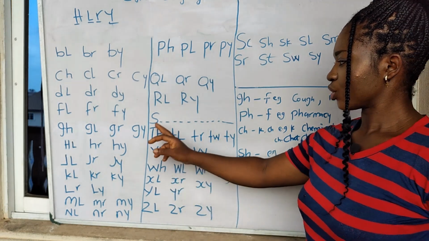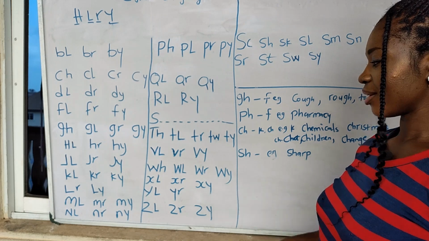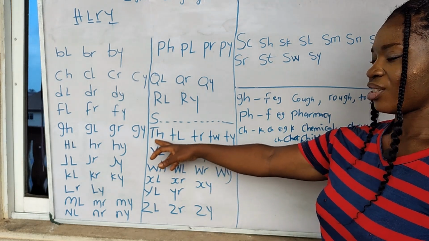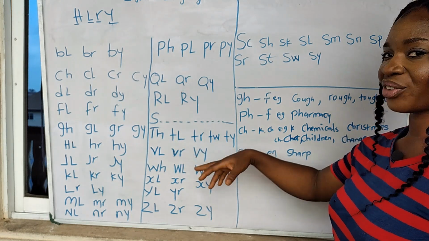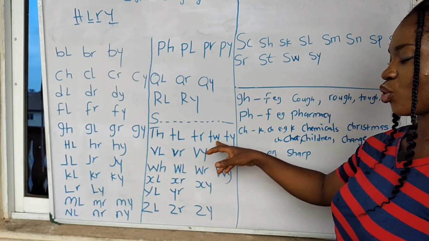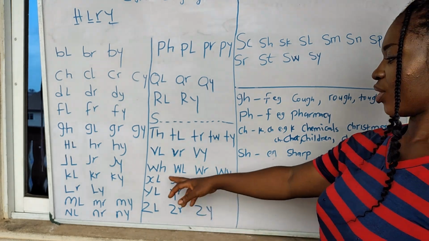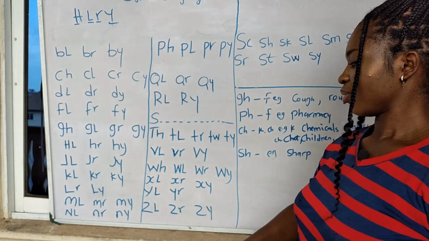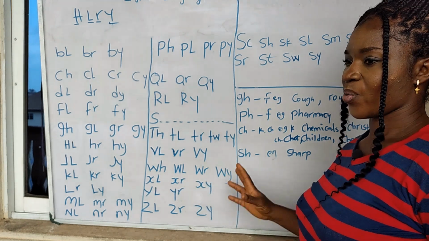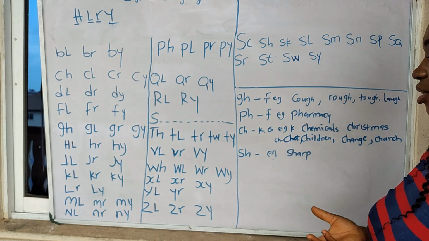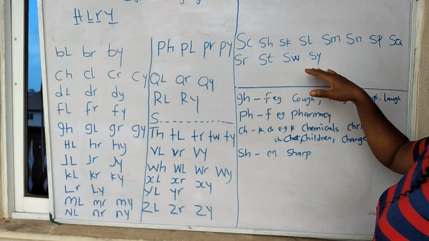Now let's quickly rush to X because I know we're not familiar with those. We still have TH, TL, TR: three, twin, twenty, type, and all that. We have the WH: when, we have wrong, and the rest.